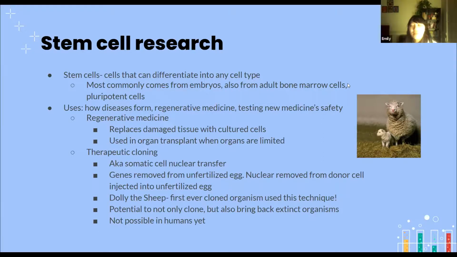So, going back to what I was talking about with cells being able to turn into different kinds of cells, this is called totipotency. I'm answering a question, by the way. Someone asked, what is a pluripotent cell? Totipotency is the potential for a cell to turn into other cells.